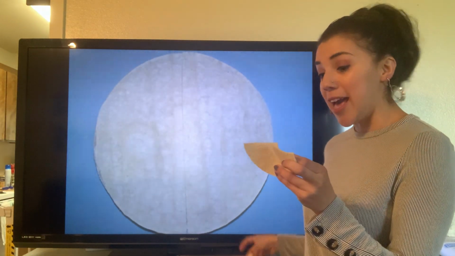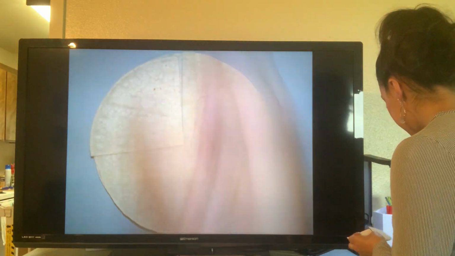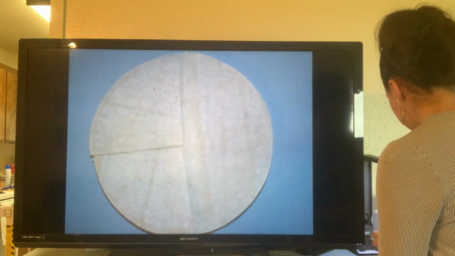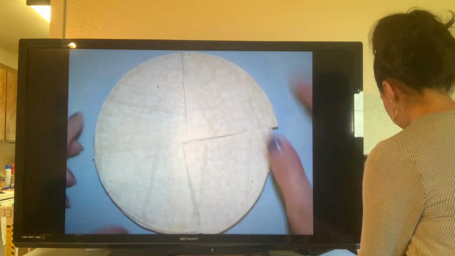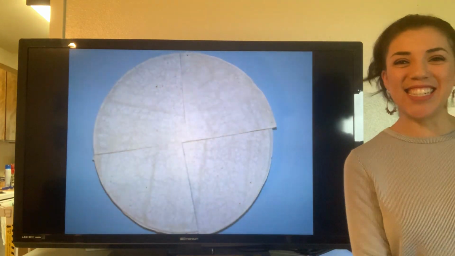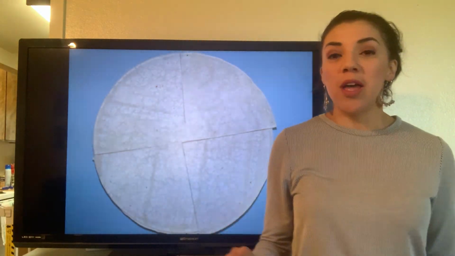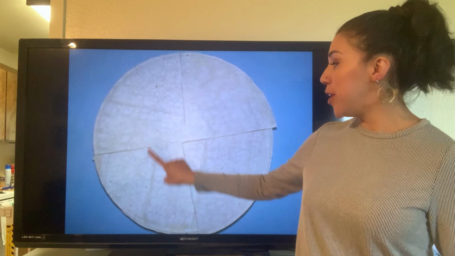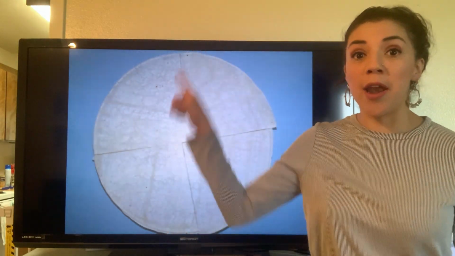Will I still get a whole? Let's see. So there's 1/4, 2/4, 3/4, and 4/4. Why, yes, you still get 1 whole. So 4/4, 1, 2, 3, 4, is equal or equivalent to 1 whole.